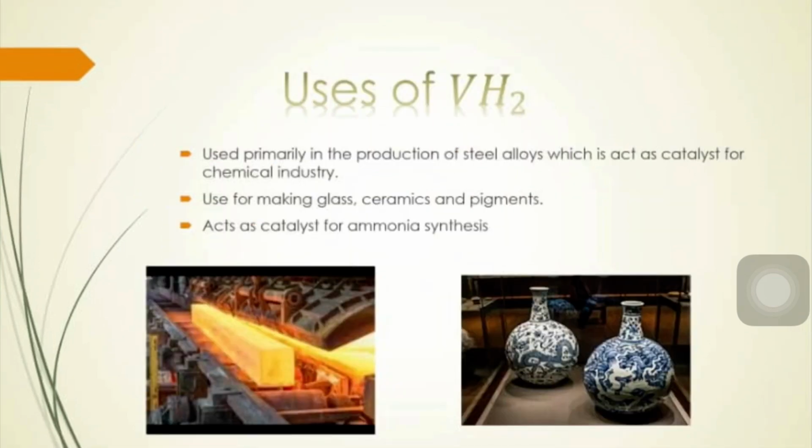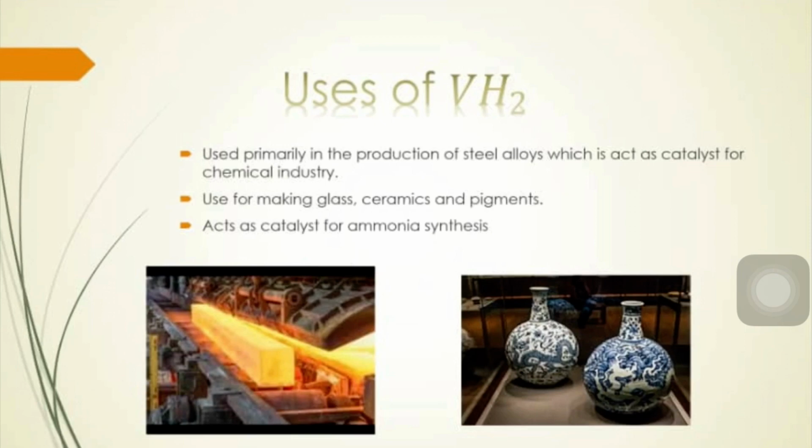Okay, next we will look at the uses of vanadium hydride. First, vanadium hydride is used primarily in the production of steel alloys, and it acts as a catalyst for the chemical industry. Vanadium hydride is also used for making glass, ceramics, and pigments.